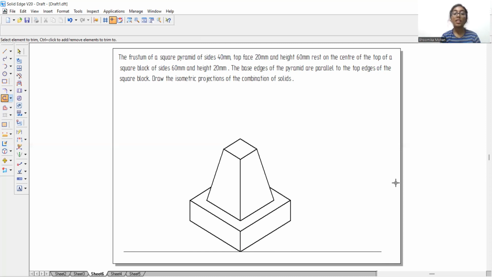Since the question says isometric projection, we have to change the scale of the problem.